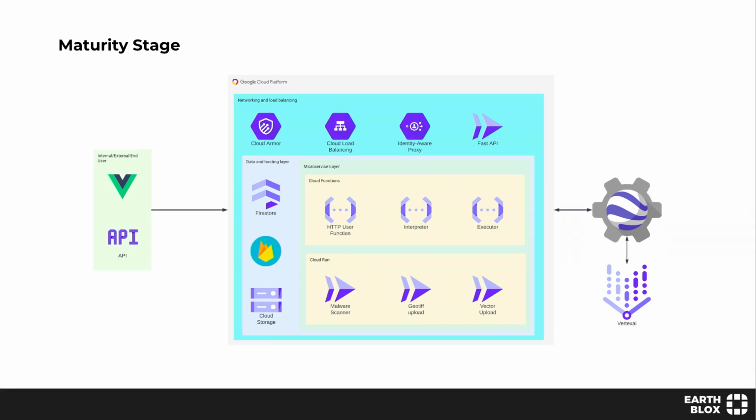To do that, we've moved to some more mature technologies: Cloud Armor, Cloud Load Balancing, and Identity-Aware Proxy, to enable scaling, to enable security, and to handle authentication for us in an easier way, so we don't have to worry about all the different authentication methods. And FastAPI is another great tool for building APIs super quickly, really valuable. I think that covers pretty much everything.